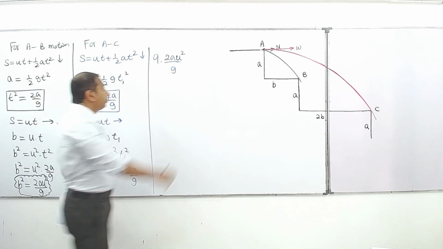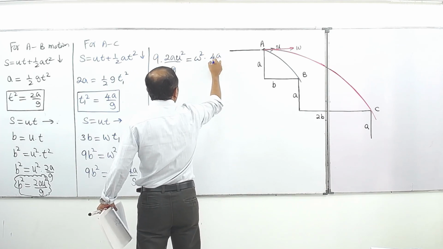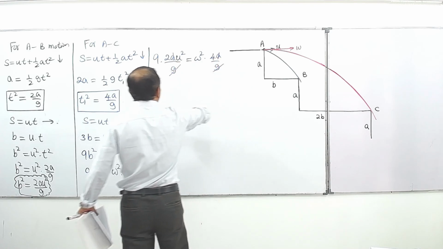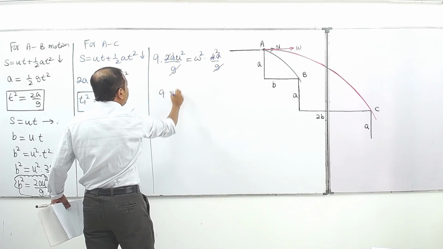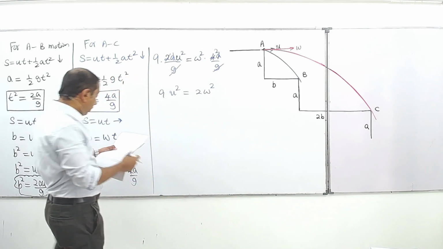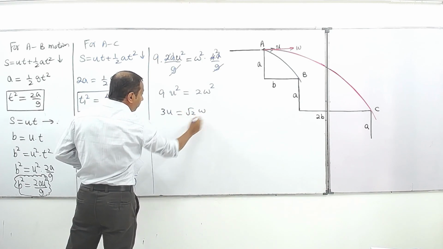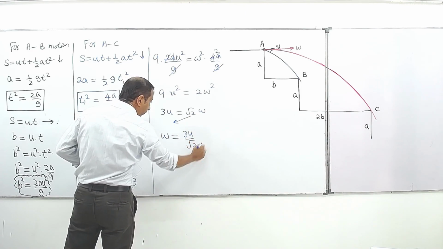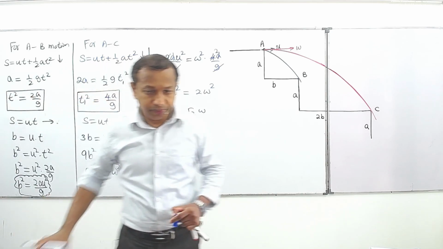So 9 times 2a u squared over g equals w squared times 4a over g. These terms you can cancel down, and 2 also we can cancel. 9 u squared equals 2 w squared. Take the square root: 3u equals root 2 w. Bring this over here: w equals 3u over root 2. This way we get that answer.